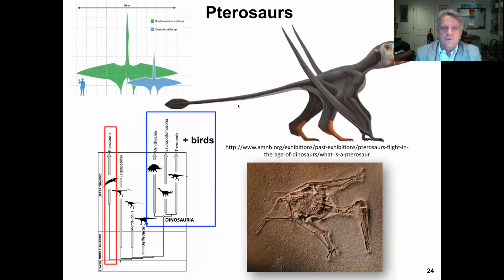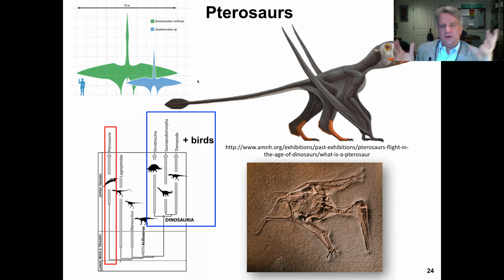Okay, pterosaurs, showing here, these were really large flying animals. So here is a typical adult human male in comparison to these 2 different species within this genus of pterosaurs. Now, it's important to point out that pterosaurs are not dinosaurs.